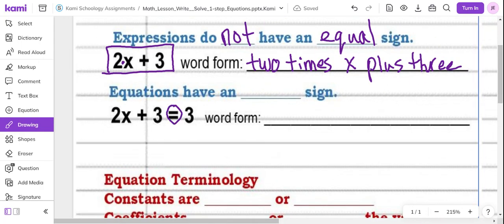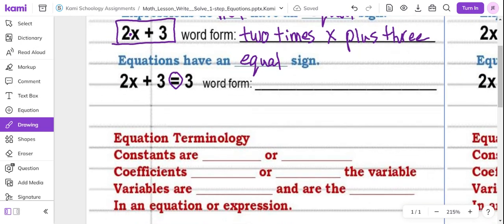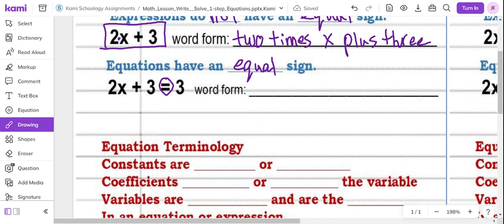So notice the difference. We have an expression that's equal to 3. So there is an equal sign. Okay, now the variable, let's identify this here. We'll get to that.